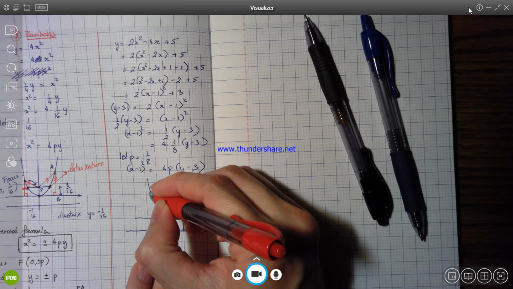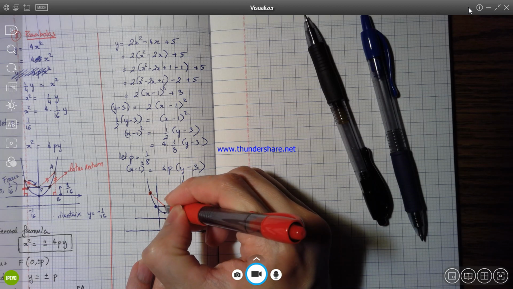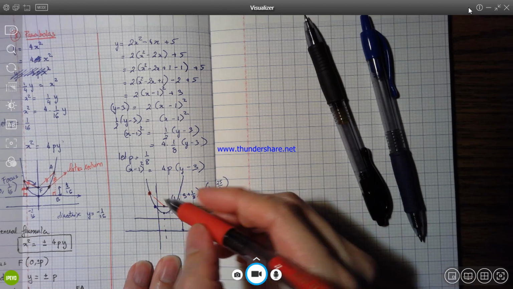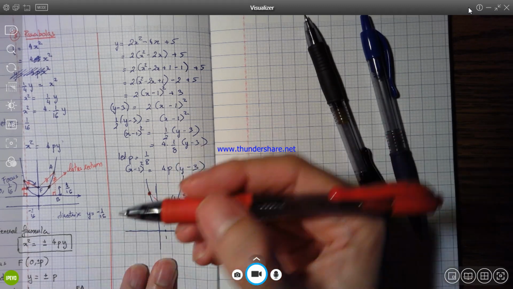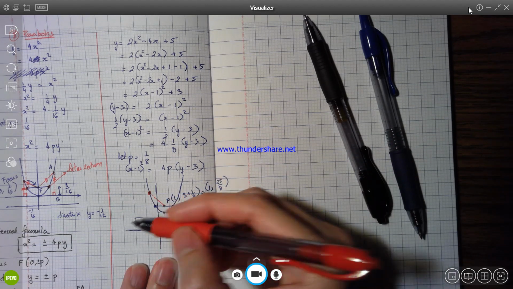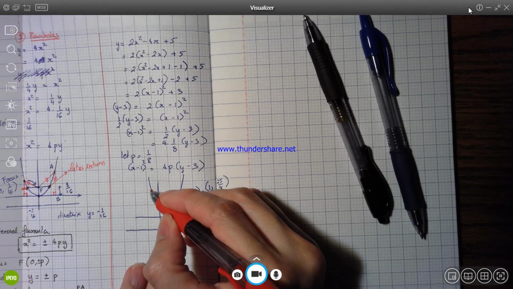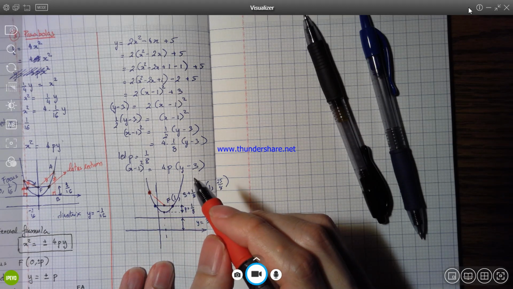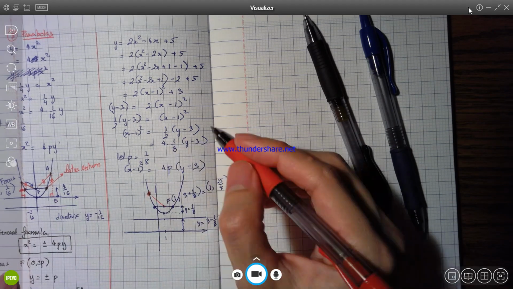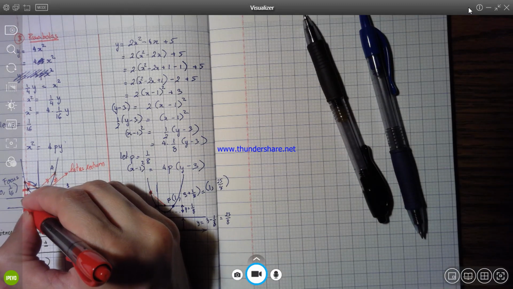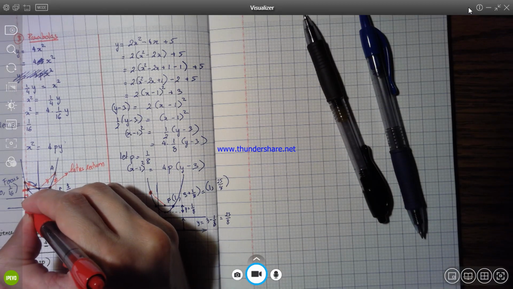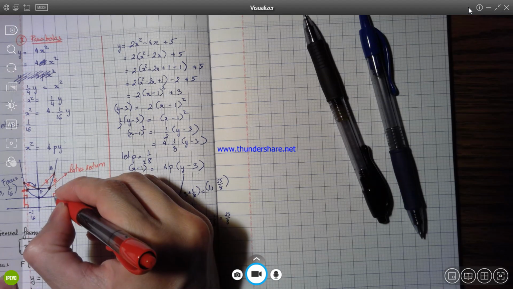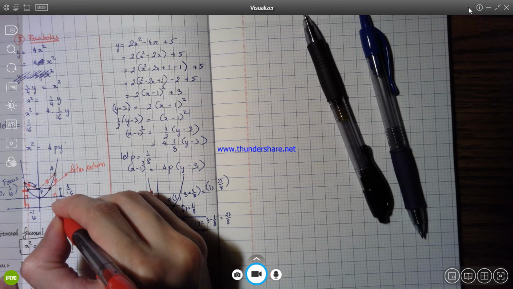If you pick a point on the parabola and you connect it to the focus, and you draw a perpendicular, because this is just a sketch, it should be equal, but it's not. I'm sorry, it should be right here. So B is right here, okay?